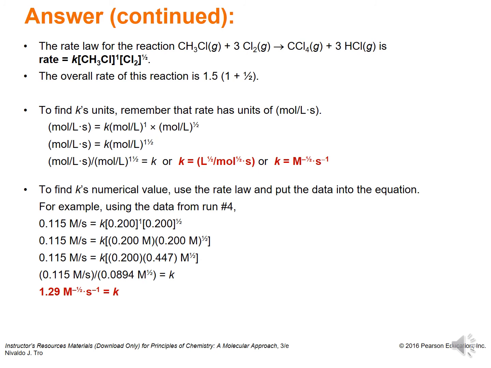The concentration of Cl2 was also 0.200 molar in that example, but that one we need to raise to the 1/2 power. When we do all the math correctly, we end up with an overall value of K of 1.29, and again the units molar to the -1/2 seconds to the -1.